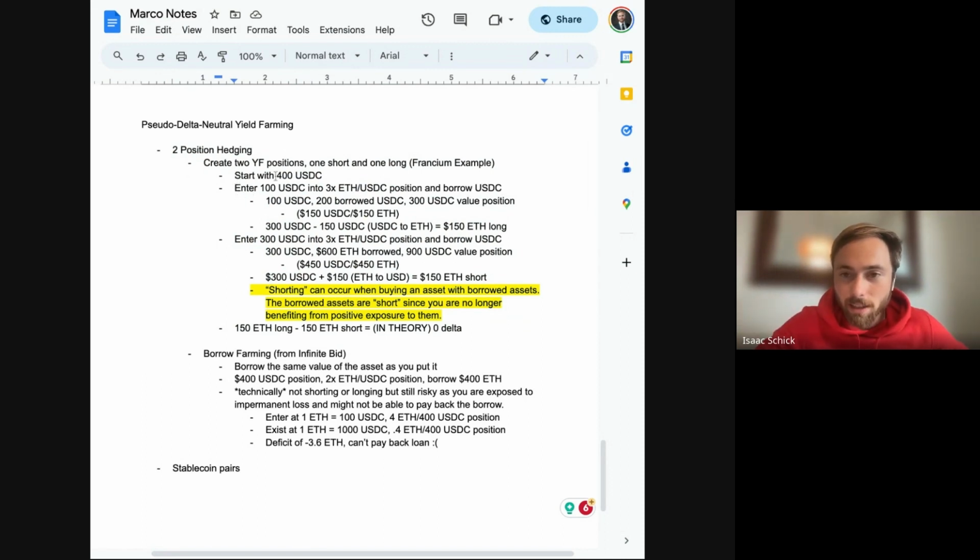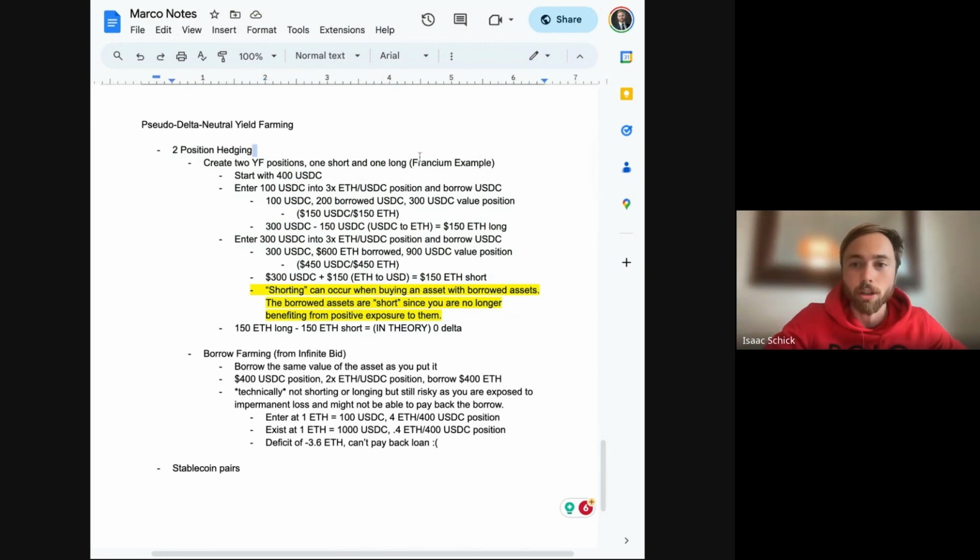So explaining this, let's say you have 400 USDC. You take 100 of that USDC and you invest it into a 3x leverage ETH USDC position. And you borrow USDC to make that position work. So a 3x position is 100 USDC into an ETH USDC position. 3xing it means you have to borrow 200 USDC in order to make this position work.